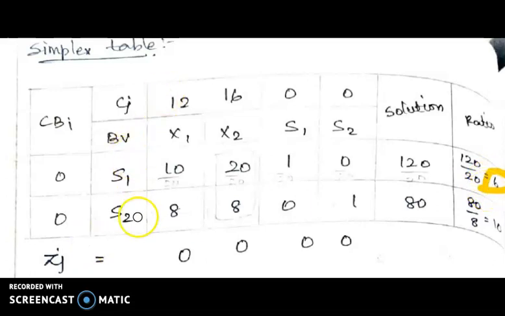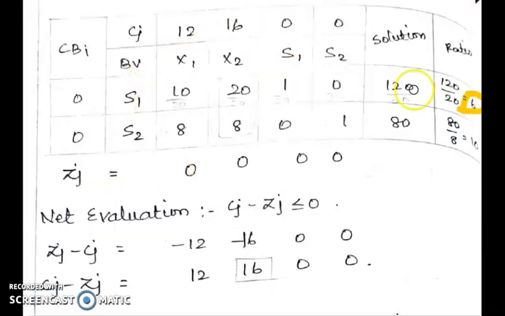Next we find the net evaluation, Zj minus Cj or Cj minus Zj. We already know the Cj values, so we find the Zj values by calculating Cb into x1, and similarly Cb into x2.